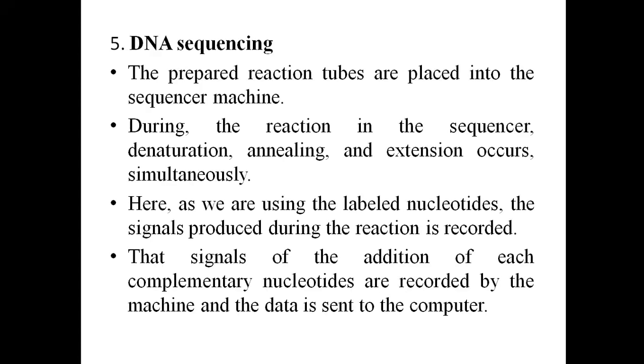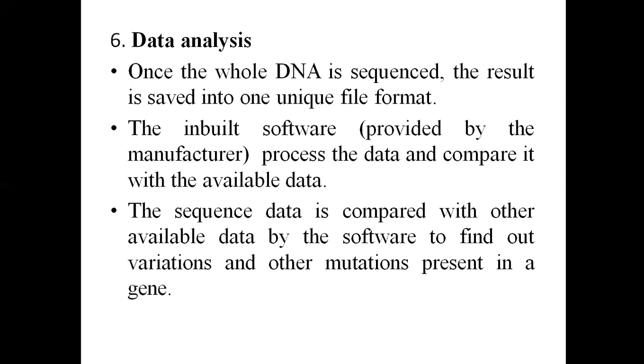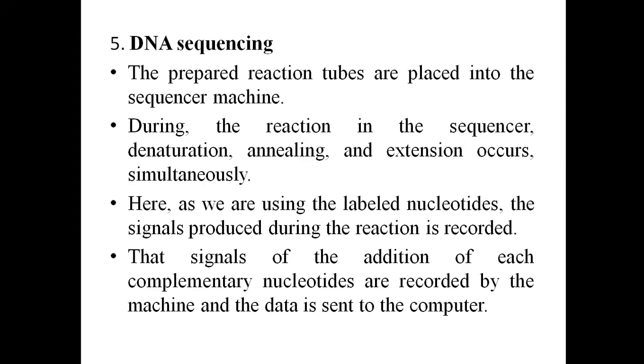And next is the DNA sequencing. This is the main process. We are going to look at the different methods of DNA sequencing that are available. For DNA sequencing, the prepared reaction tubes are placed into the sequencer machine.